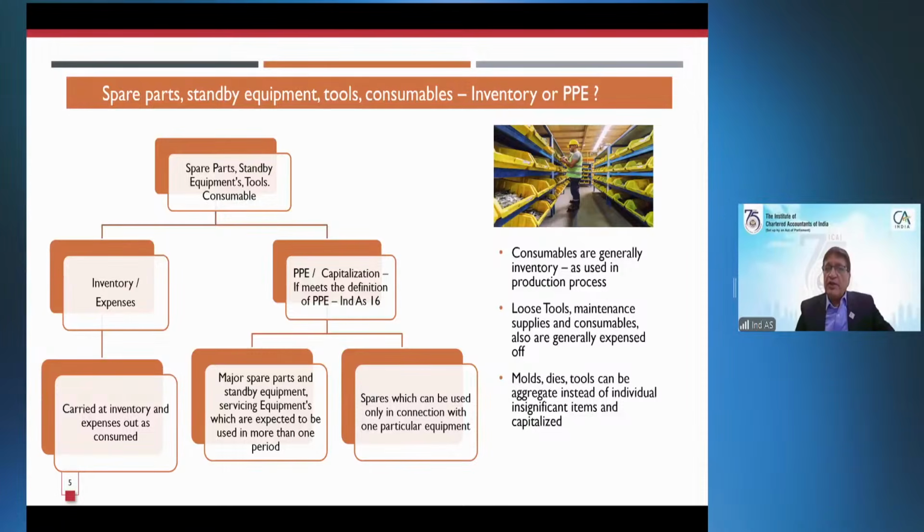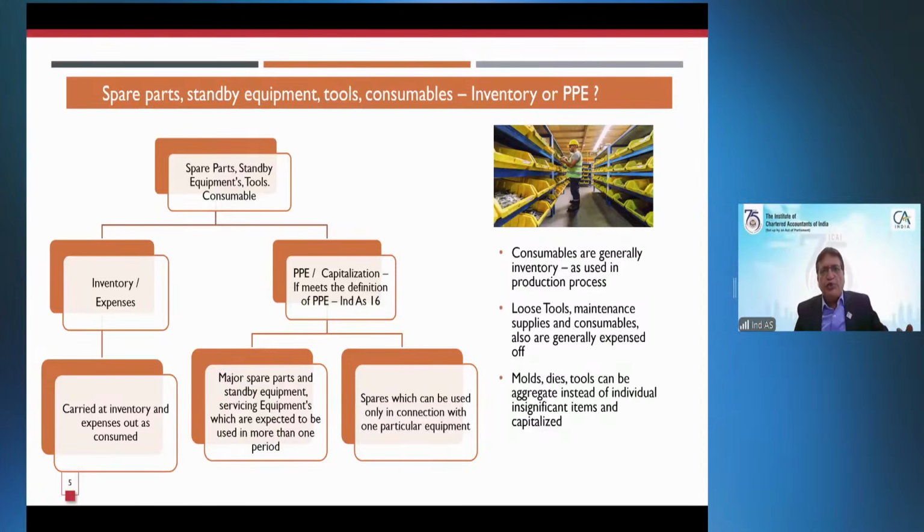The question is whether a roller in a packaging industry, which can be used subsequently and the economic value will flow, would be part of inventory or whether this can be expensed off. Certainly in this case it will be part of PPE because it has to be used over a period of time. Another example is mold and die, particularly in OEM industries.